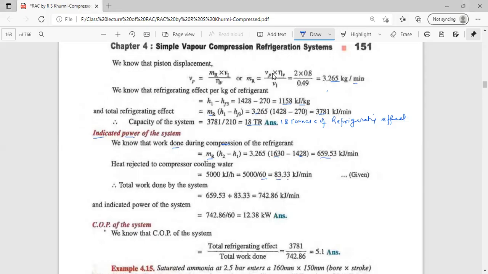So the total work done by the system, which is required, is 659 during compression of the refrigerant plus the heat rejected to the cooling water. This heat rejected is 83.33, this amount of energy is rejected to the compressor cooling water, which is given here at the beginning.